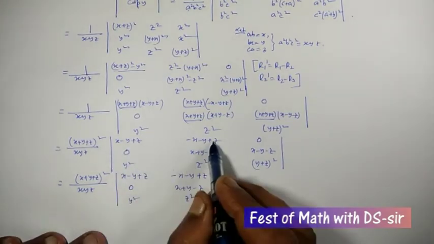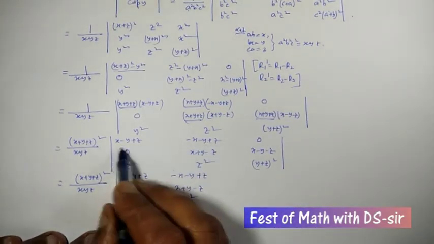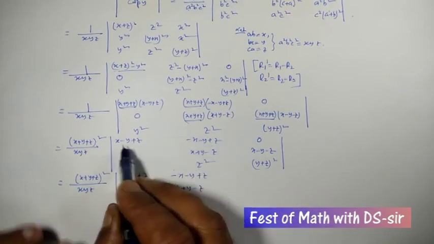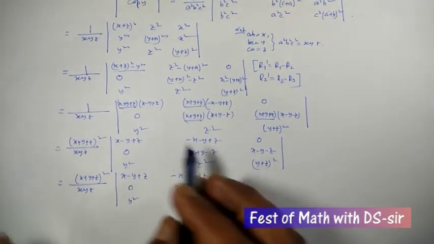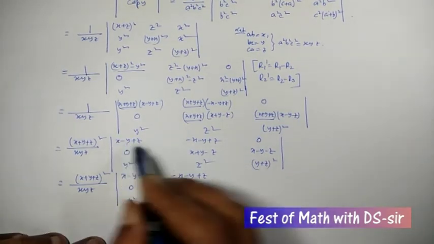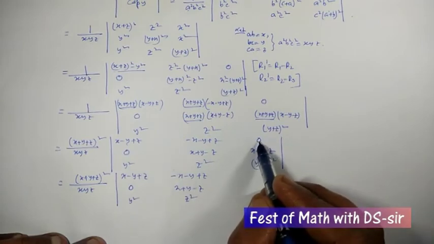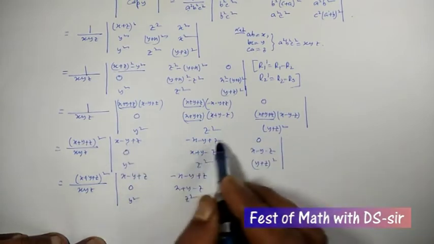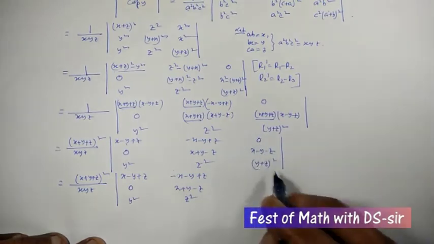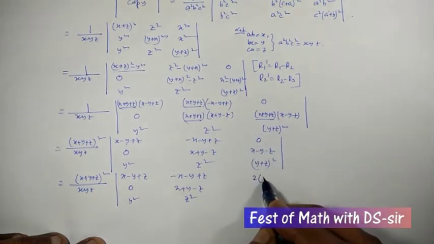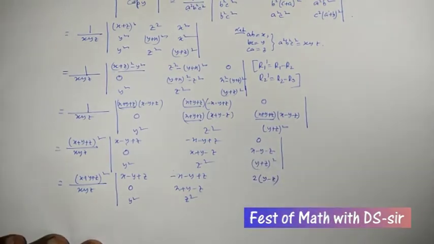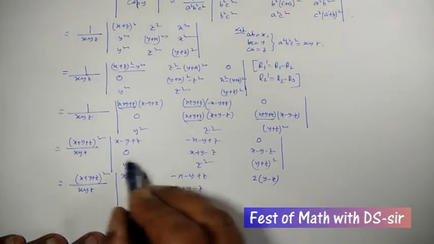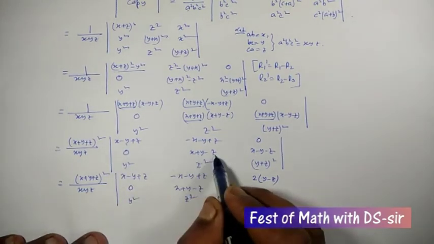I added these two rows. Now see, on adding these two rows we get x eliminated, so 2z minus 2y. I subtracted 2 from this, so 2z minus 2y subtracted from this gives you 2 into y minus z. I added these two, so only this is the sum.